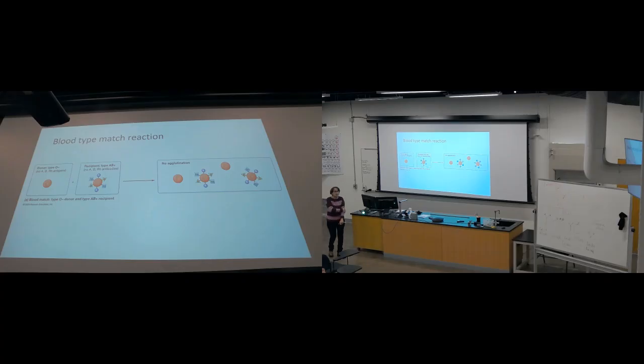So then for the type matching reaction, you will have, in this case, donor type O negative, so it doesn't have A, B, or Rh antigens, as we saw before. And then here, you have a recipient, which is AB positive.